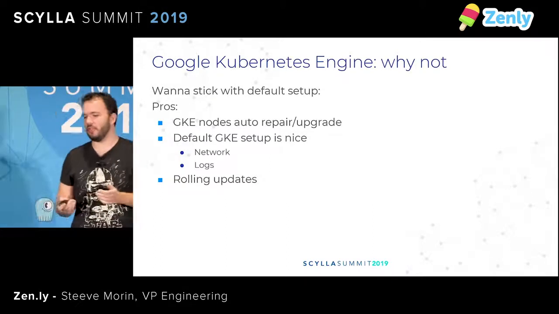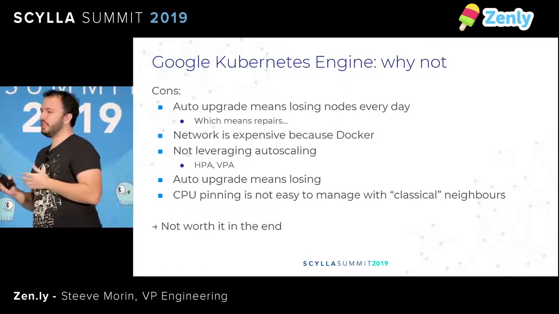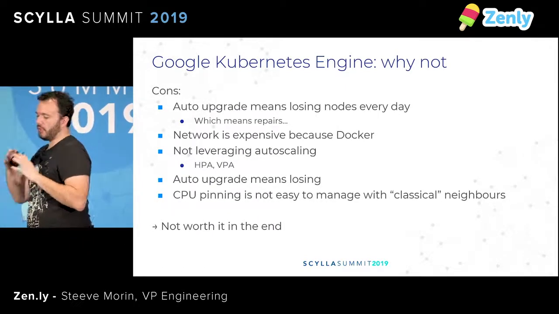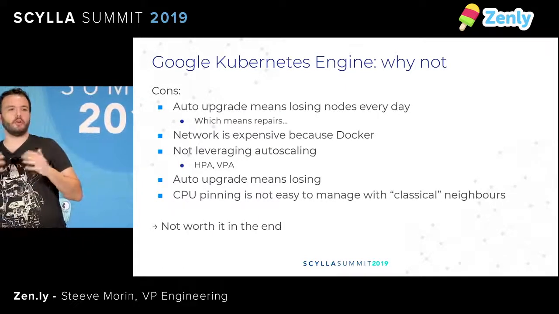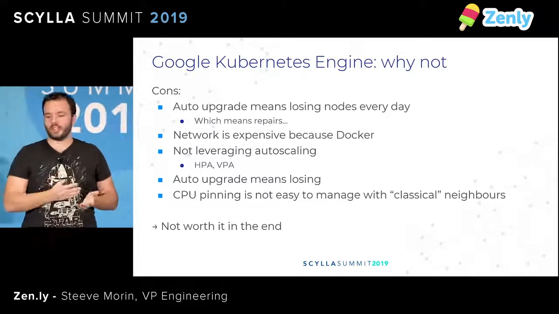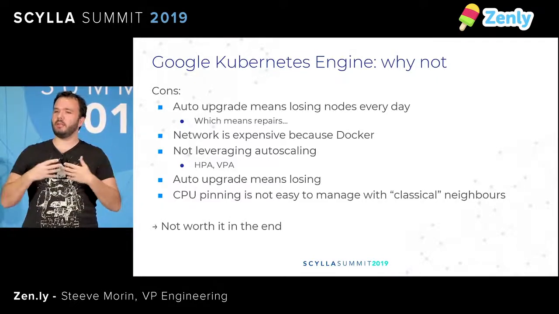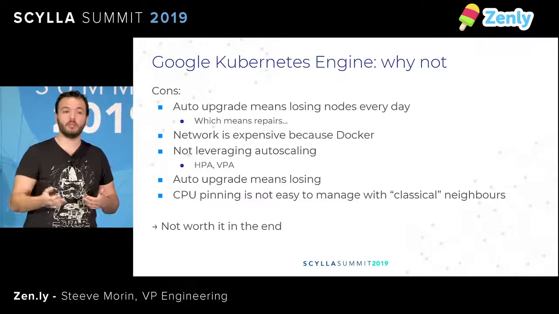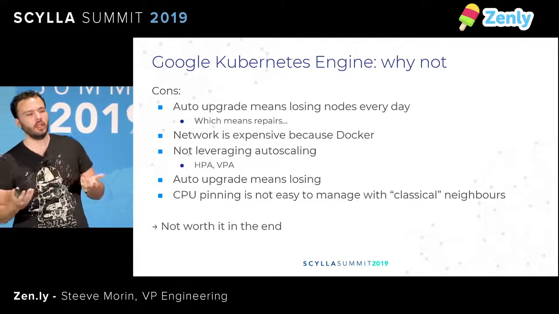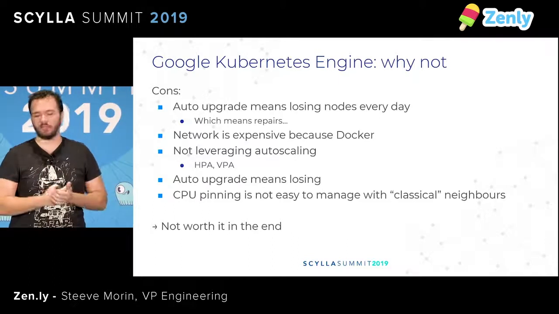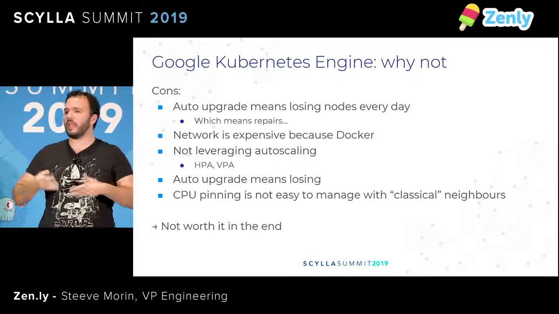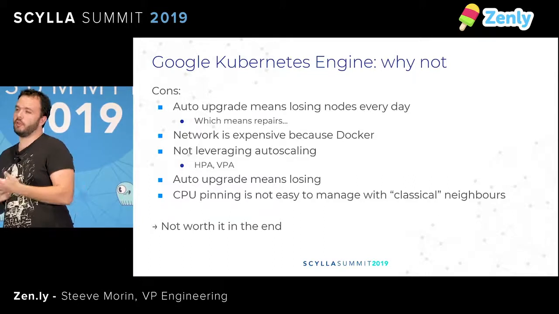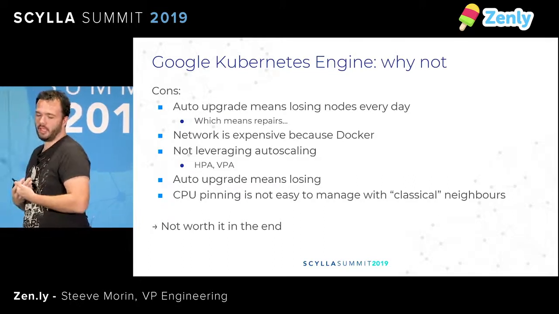But there's another side to it. For all the niceties you get, let's say, for instance, auto upgrade, there's a darker side: anytime they need to upgrade the node, they will kill it and provision a new one with a new version, which means if you're running Scylla or any database for that matter, you're going to lose nodes, which means you have to do manual repairs and fix everything.